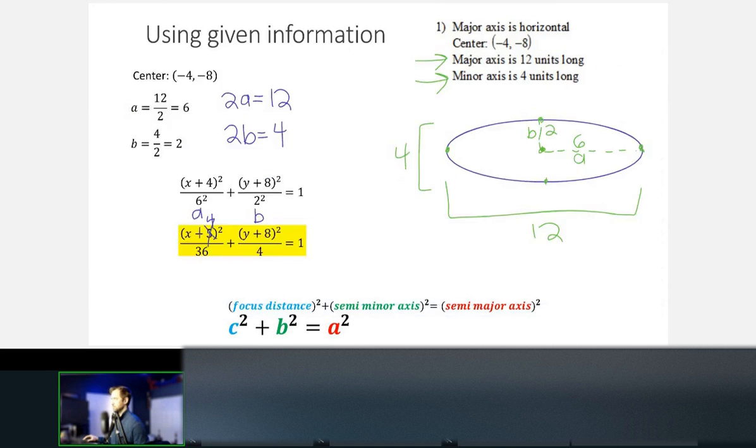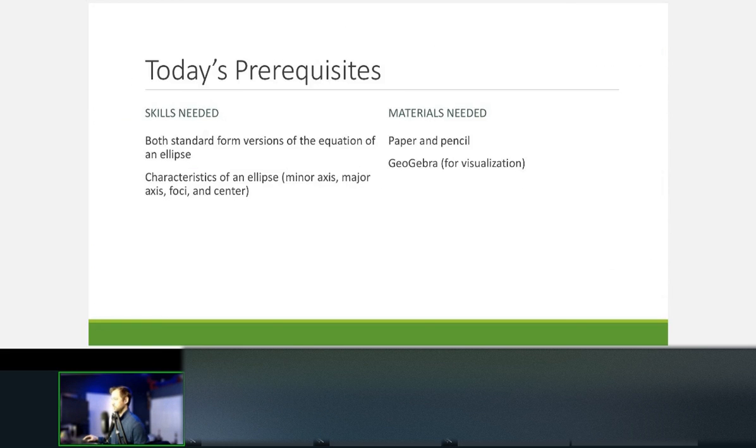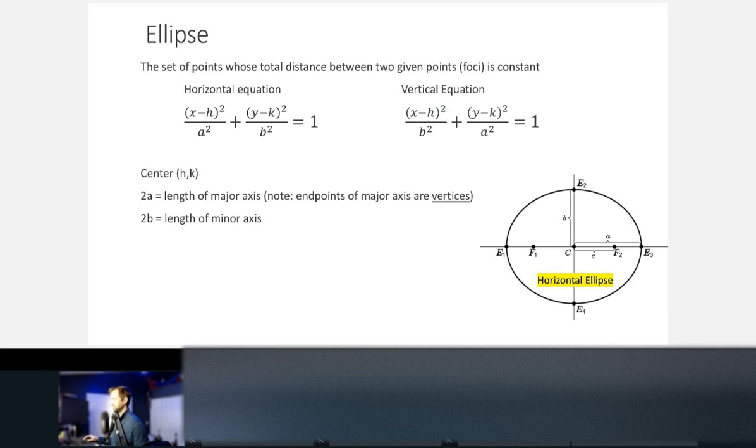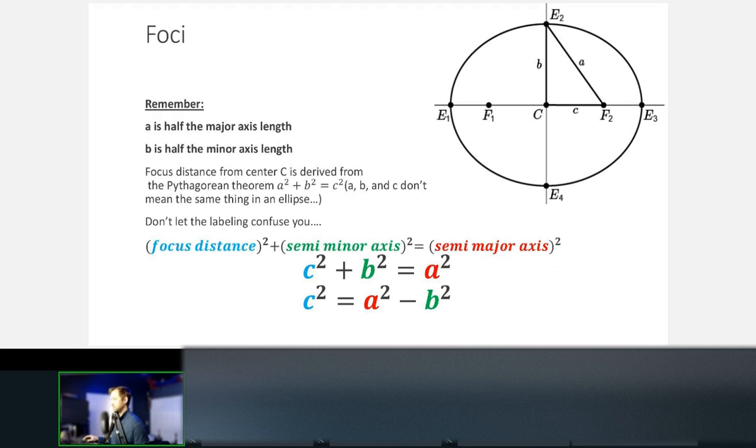Let's go back to the actual formula. It's not in the equations directly, but using the Pythagorean theorem, we can derive our C value from A and B.